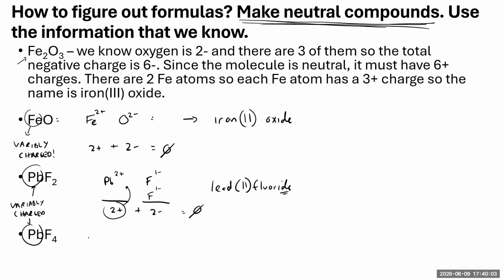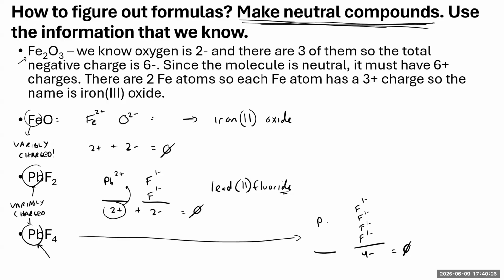Let's do this other one. I'm going to bring this out over here so it's easier to see. F 1 minus, F 1 minus, F 1 minus, F 1 minus. That means we have a 4 minus. Well, we have to make neutral compounds. We only have one single lead, so that lead has to carry all of those 4 positive charges.